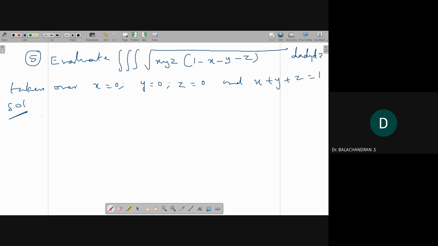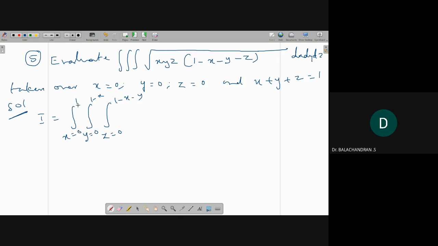Solution: I equals the triple integral. First I integrate with respect to z. So z varies from where to where? 0 to 1 minus x minus y. Y varies from 0 to 1 minus x. X varies from 0 to 1.